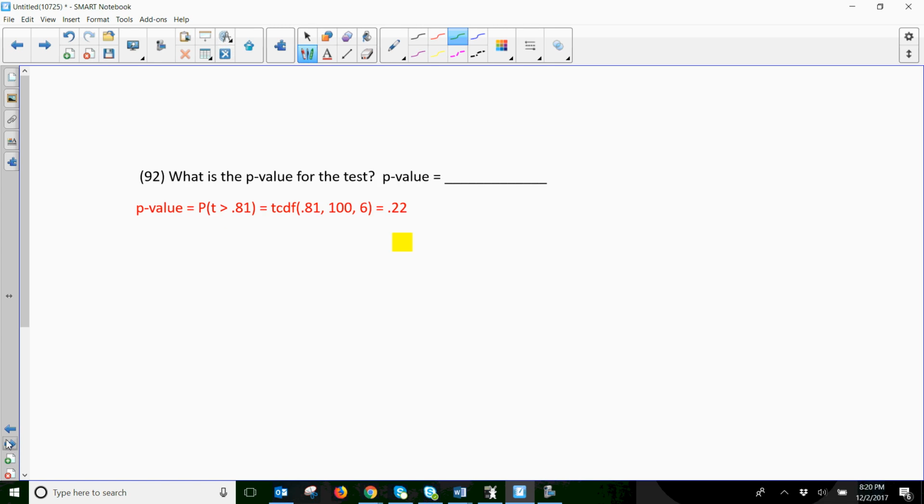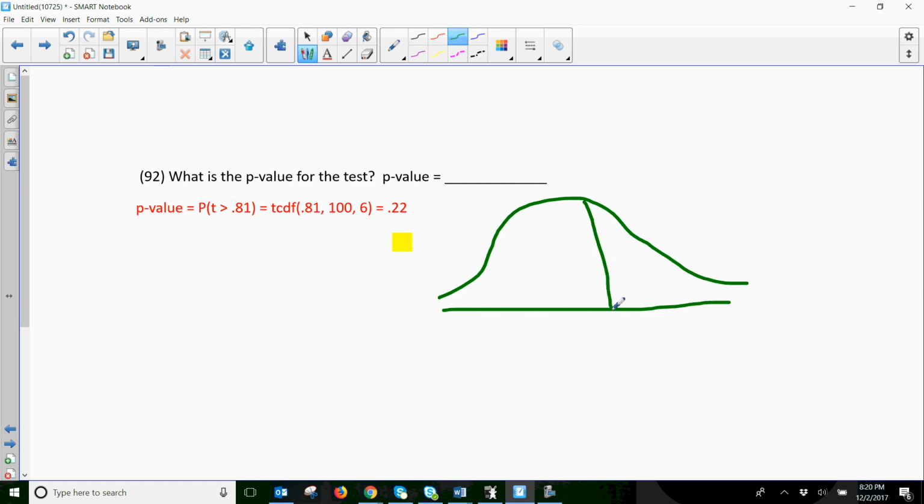Now it wants us to calculate the p-value. So we use our test statistic t. So if you recall, we do our normal curve, and our test statistic was 0.81. So I'll just write that in here. As a right tail test, we're looking at the area to the right, and remember that that area is going to be the p-value.